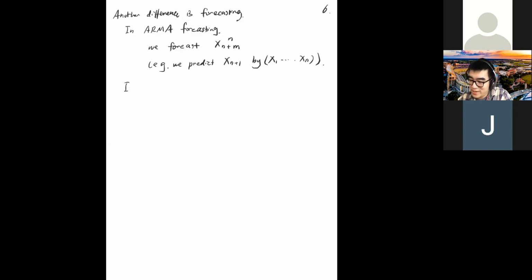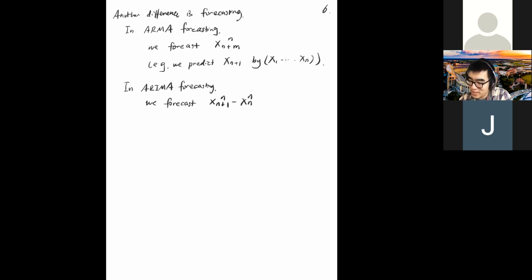However, here in the ARIMA forecasting, what do we forecast? Let's just use this example to make things easier. We forecast x_{n+1}^n minus x_n^n, right?